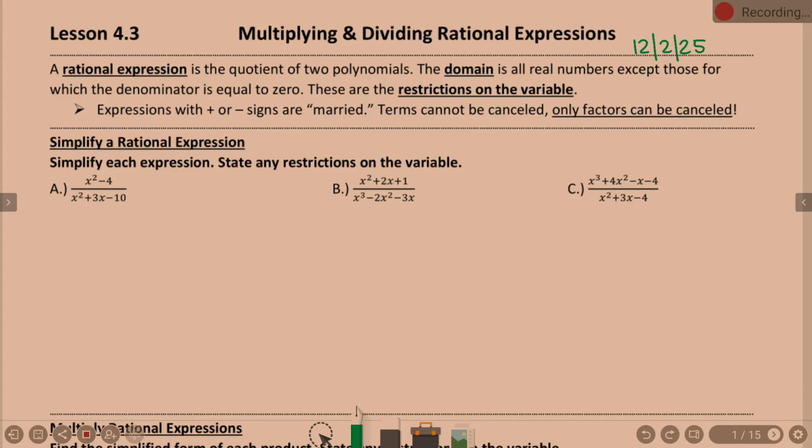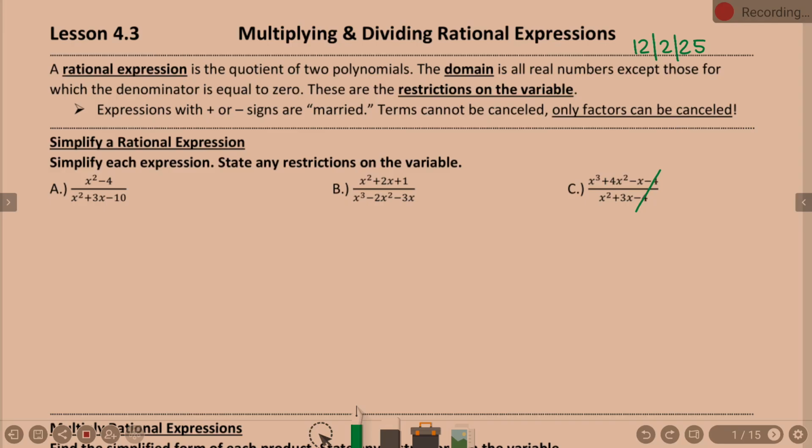Okay? A side comment I put in here is that one way I've heard it expressed is that expressions that have plus or minus signs in them are considered married expressions. You can't just cancel a term. You can only cancel a factor. So the idea here that I'm going to lead into is, for instance, that is not a valid move.